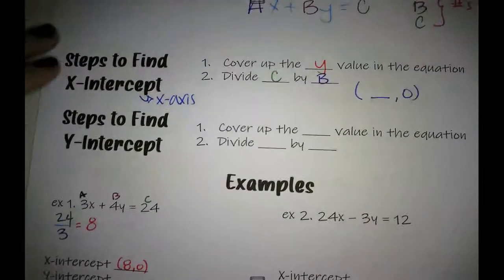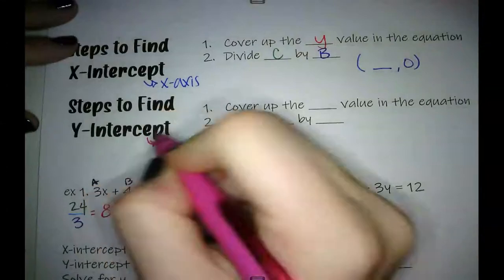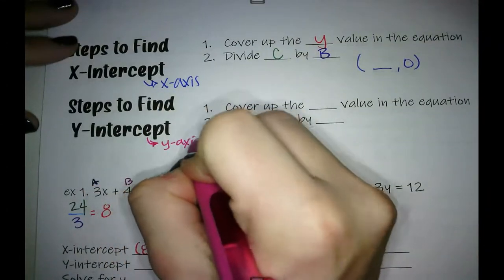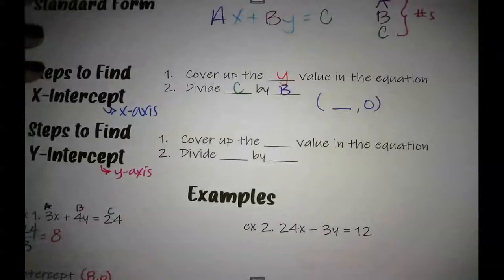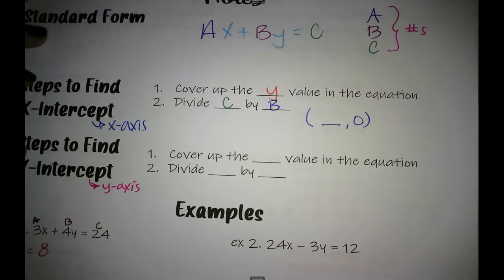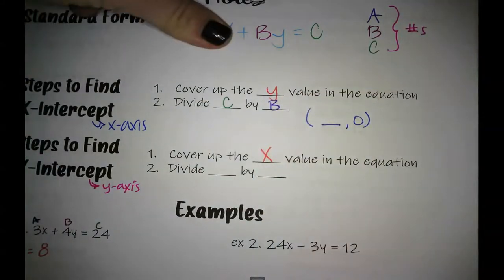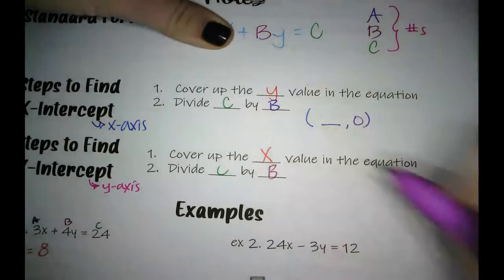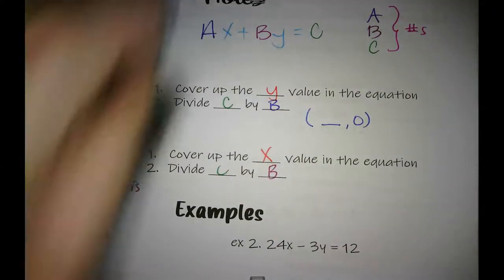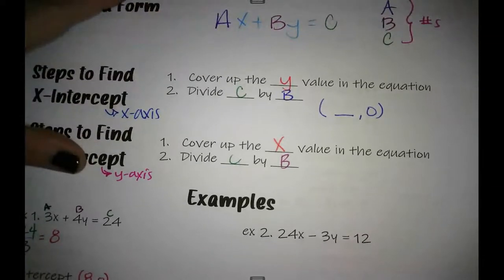Okay, so the steps to find the Y-intercept, remember this is where it crosses the Y-axis. This time we're going to cover up the X value. And then we're going to divide the C value by that B value this time. And then we're going to write it in our form.